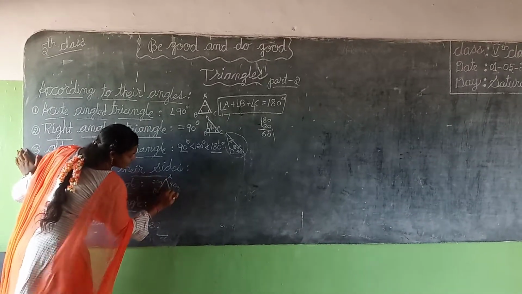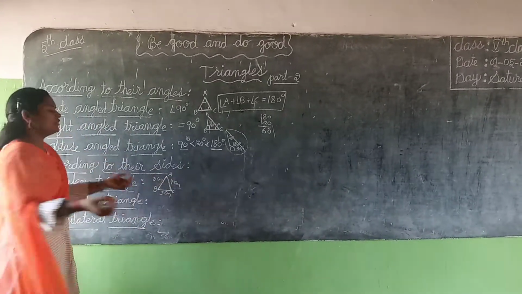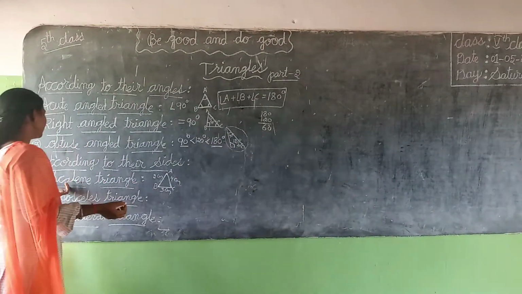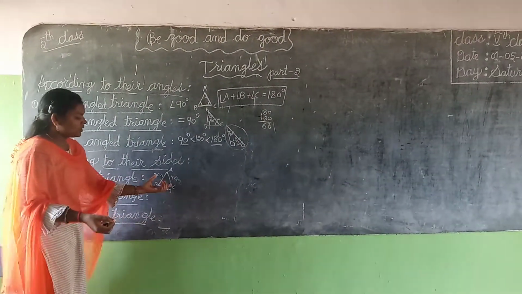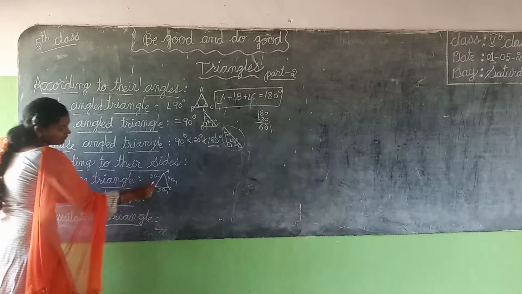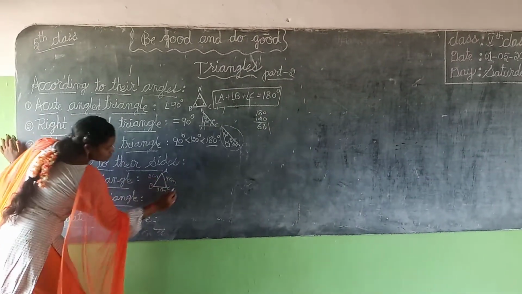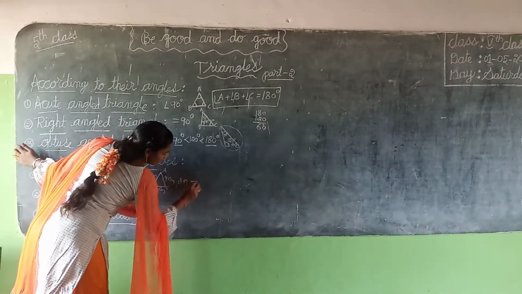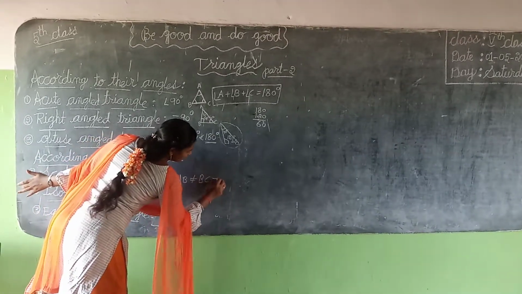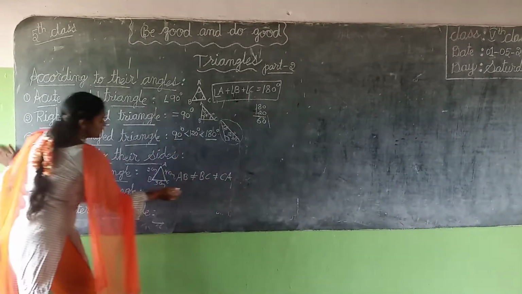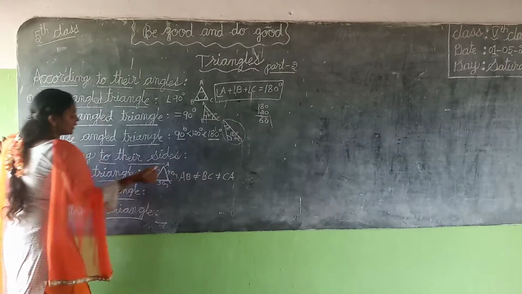A triangle whose sides all have different lengths is called a scalene triangle. This means AB is not equal to BC is not equal to CA.